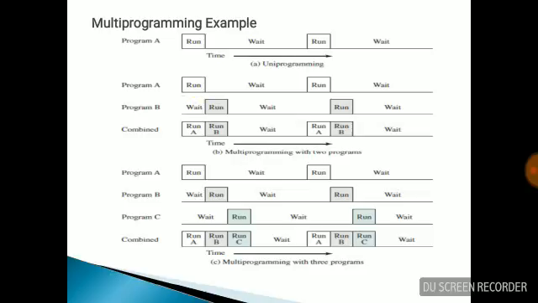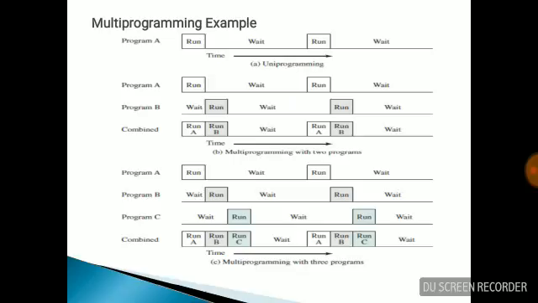For example, in uni-programming, the program runs first, the entire time the other is waiting, and only then can I go for the second program. In multi-programming with two programs, program A and program B, this type of execution is called interleaving execution. Program A executes for this much time, and during the waiting stage of program A, we can give the idle time of the processor to program B. In this way we can execute A and B together.